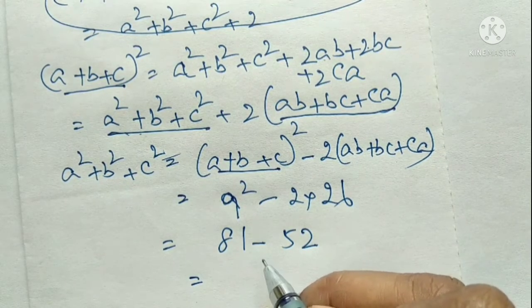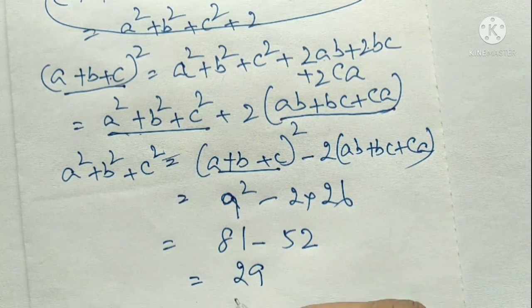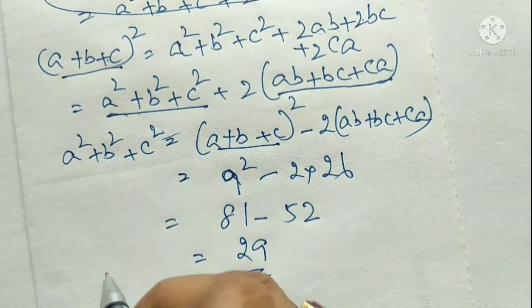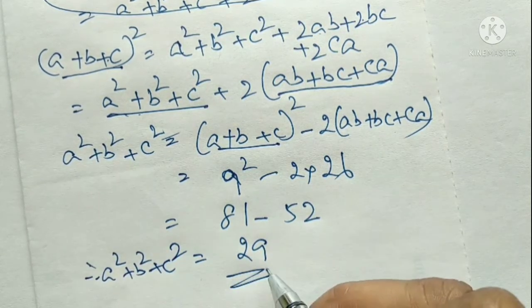Then its value will be 29. So a square plus b square plus c square is equal to 29.